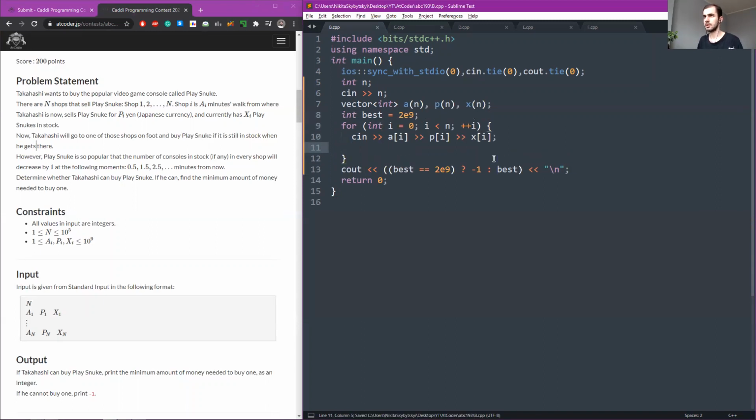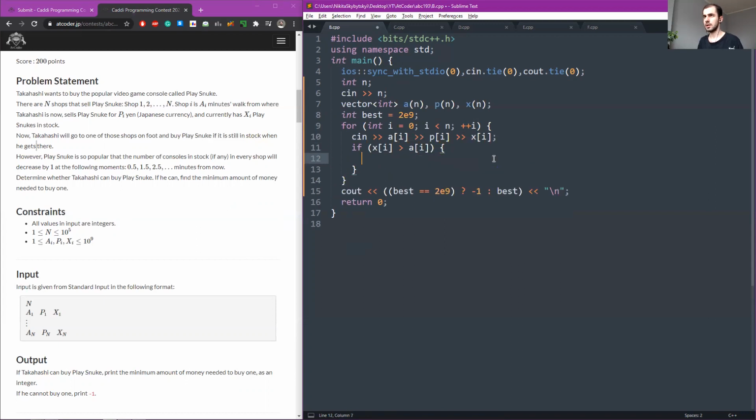We can just have it here. So let me think. By the time we get to the shop at moment A_i, exactly A_i copies will be sold. So if x_i is strictly greater than A_i, then best gets the minimum of best and p_i, I believe.